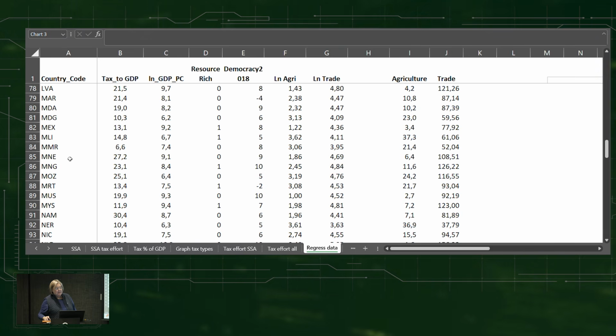This one? MW. So it's not in here. So, okay, you have to include it and do the regression again. The data will be in the big data set. Okay. Sorry about that.